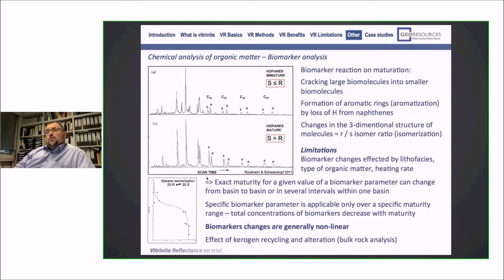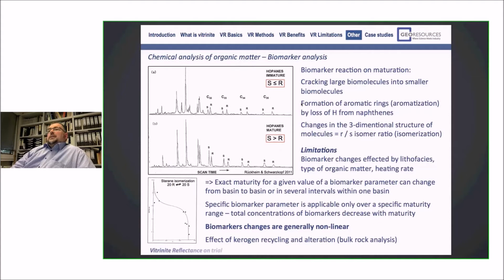Then the next group of chemical analysis of the organic matter is biomarker analysis. Mainly during the maturation, large biomolecules get cracked into smaller biomolecules.